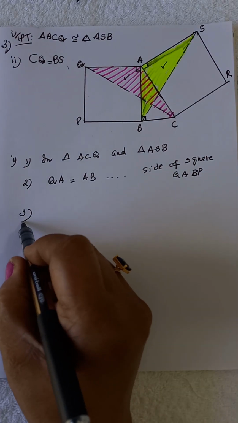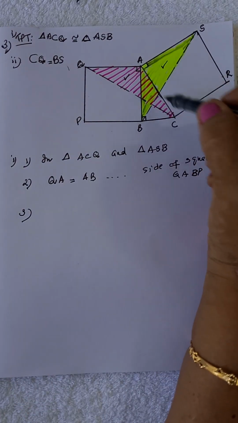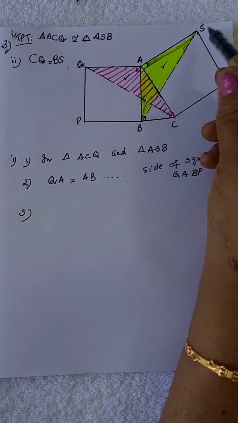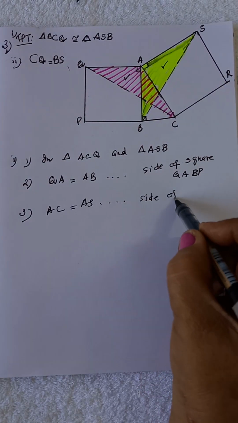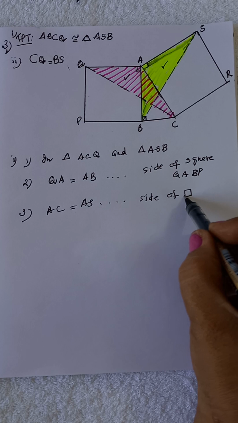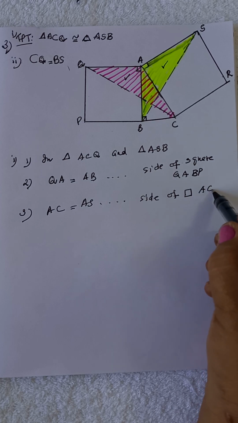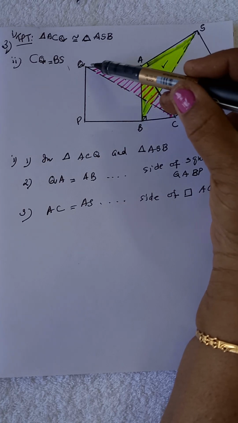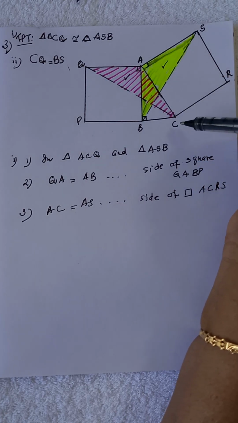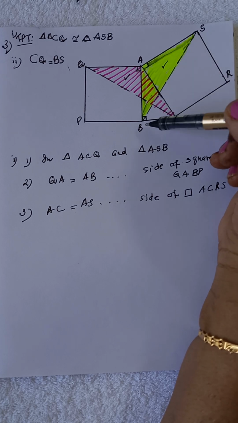Now third point we can write this AC is equal to AS. Reason is side of square ACRS. Now we will arrive at angle QAC is equal to angle BAS.